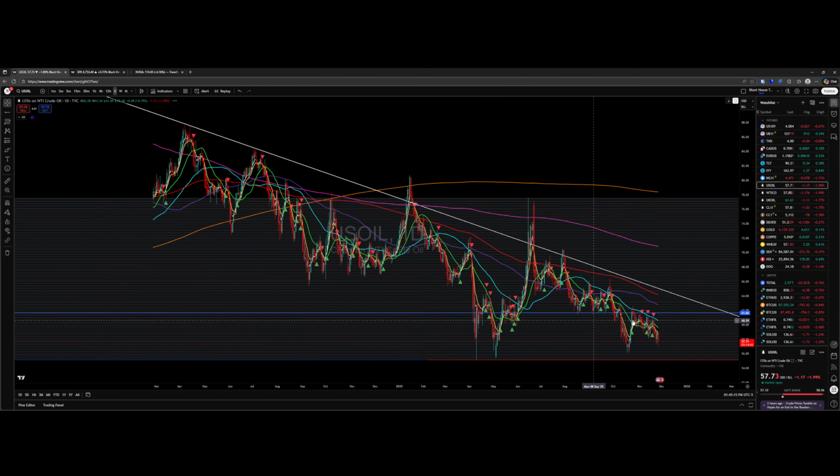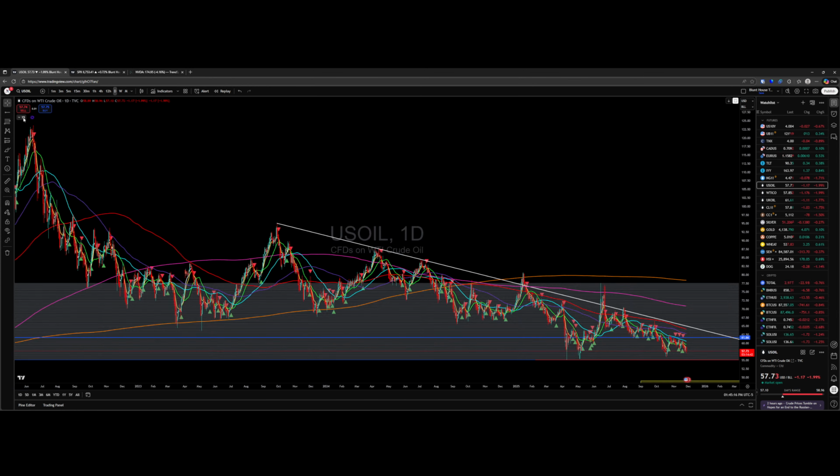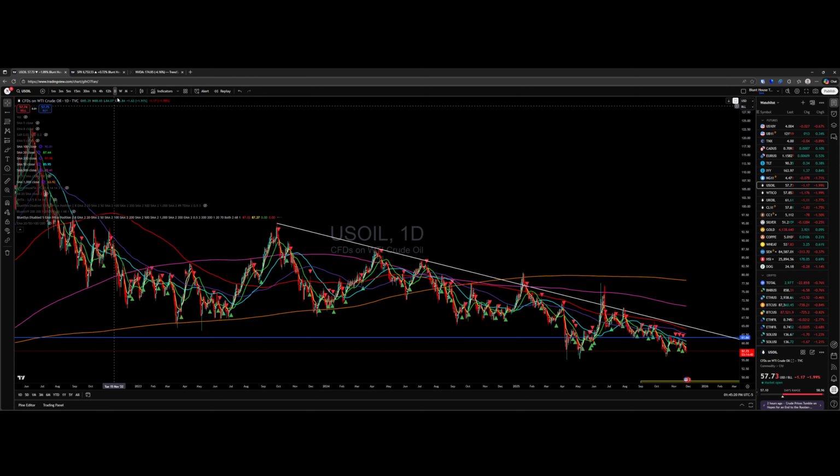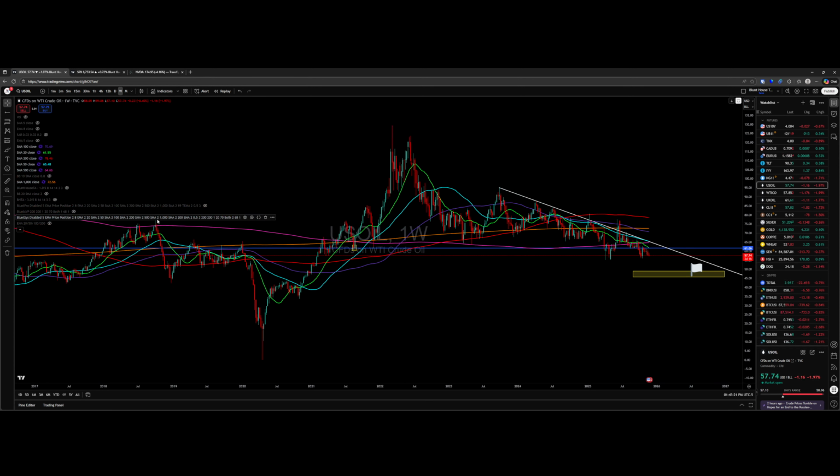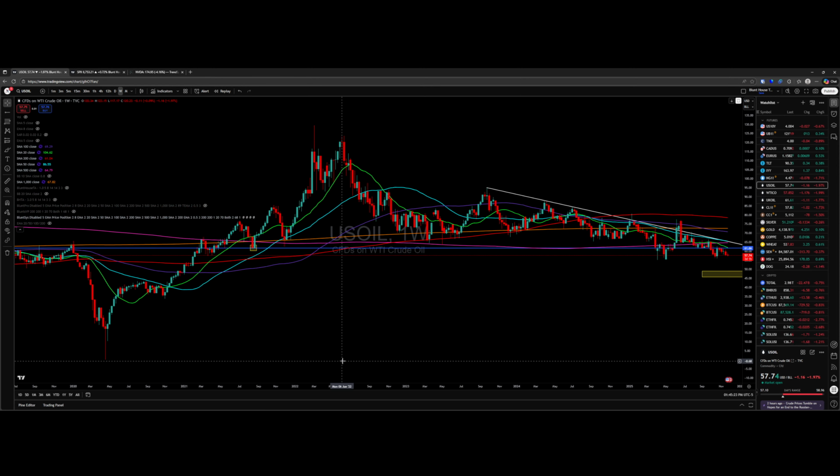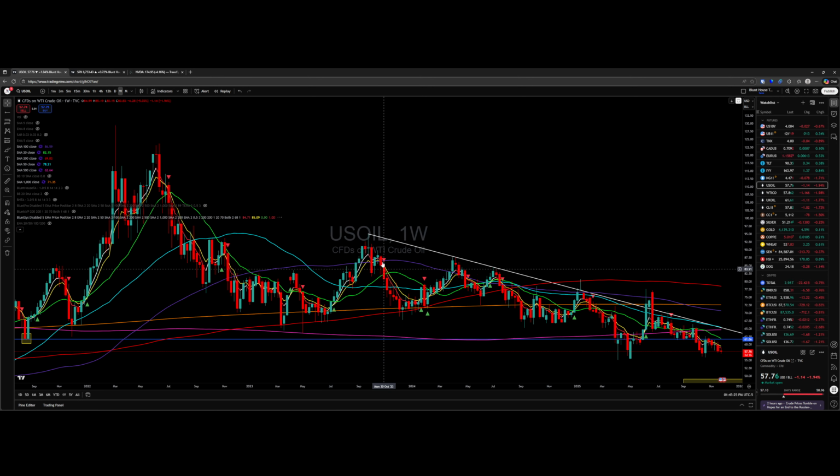We could say yes, 61.66 is an area that we can see as being reasonable because if you were to break all these things on the way down, then ultimately you're going to look for certain levels, and that's all we did.